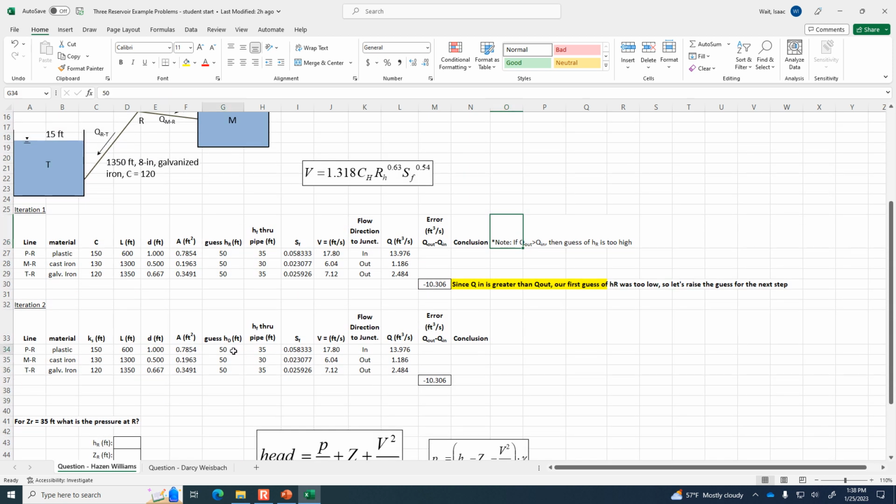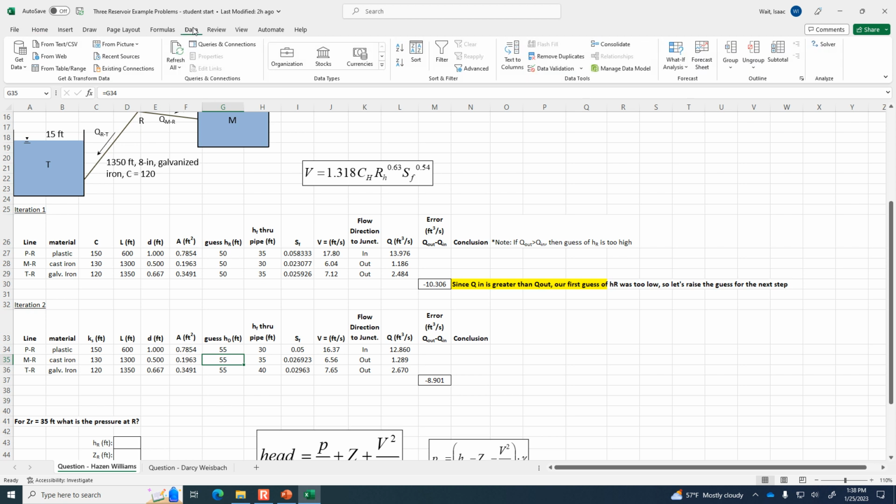Okay, so in practical terms, we could try 51. That's getting better. 52. Still better yet? 53. 54. This is getting tedious. 55. So we go here into the Data tab. Look for the What If analysis and Goal Seek.